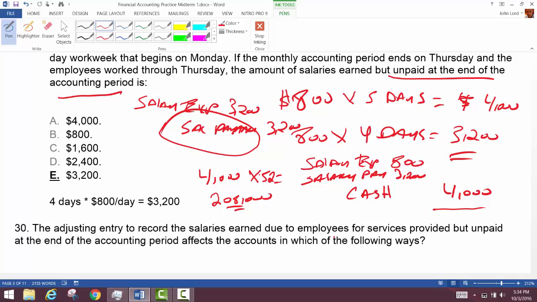So we debited supplies for 1,000 and credited cash for 1,000 at the beginning of the month, and then we look at the end of the month, and there's only 200 of supplies left. How many did we use? 800. Good. So we would debit supplies expense for 800 and credit the supplies account for 800, right? That's an adjusting entry.